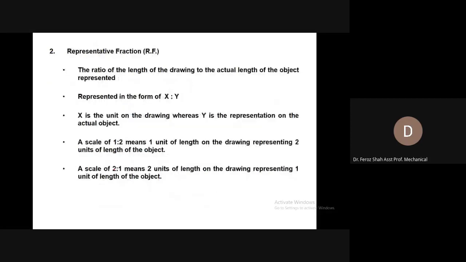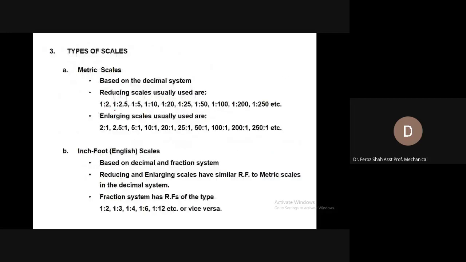In metric system, these representative fractions could be in this form 1 ratio 2, 1 ratio 2.5, and so on up to 1 ratio 250. You can go beyond this: 1 ratio 500, 1 ratio 1000, 1 ratio 10,000, etc., depending upon the size of the object and the available drawing area.